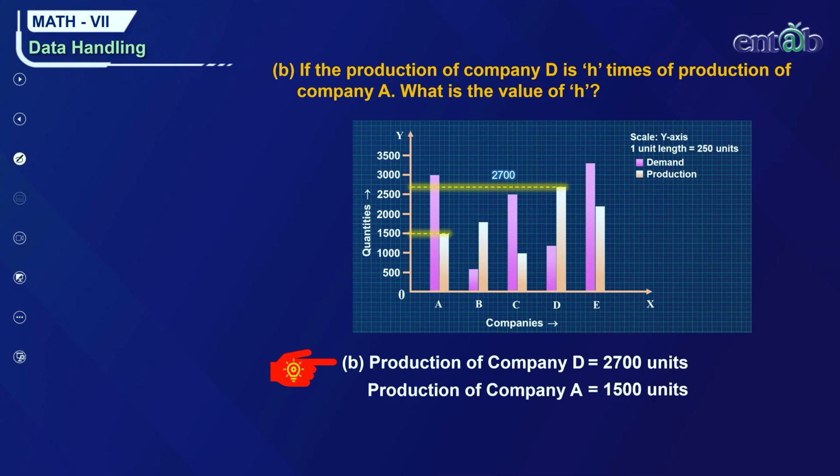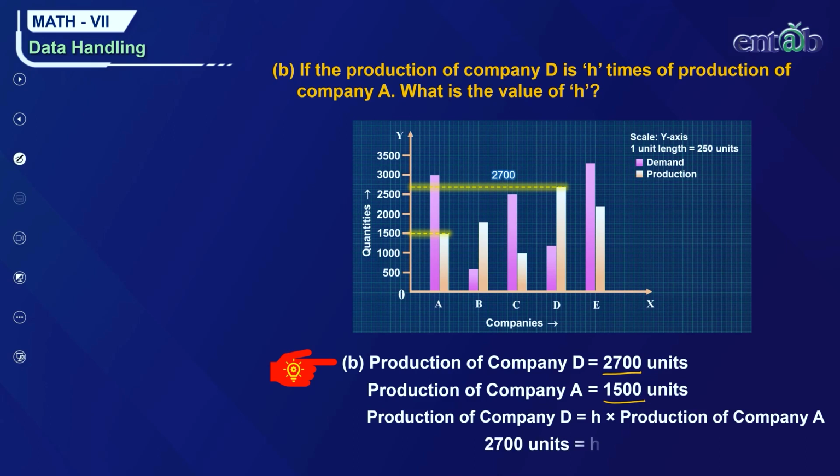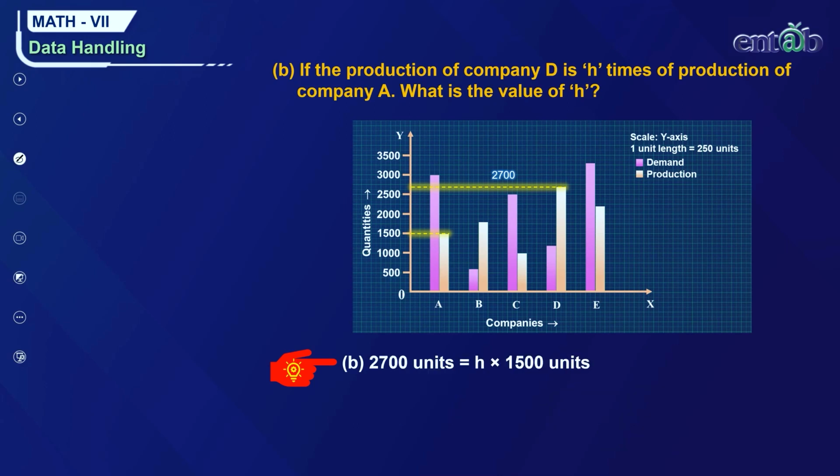We know that production of company D is equal to H times production of company A. Now, production of company D is 2700, production of company A is 1500. So, 2700 is equal to H times 1500. We can simplify it and we can find out H is equal to 1.8. So, we got the answer.